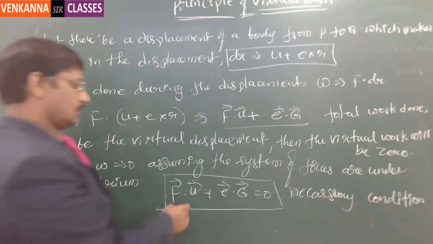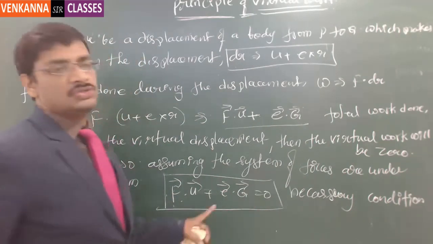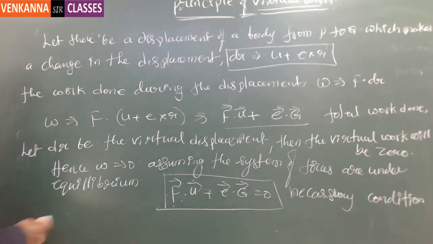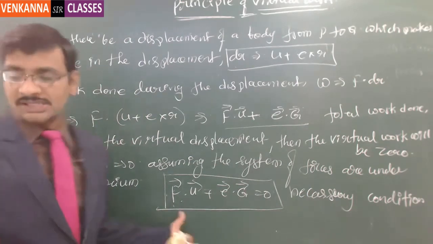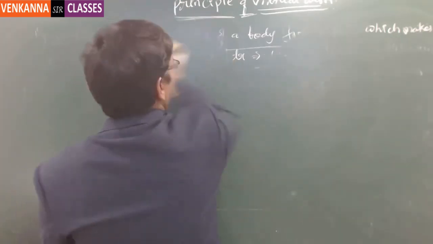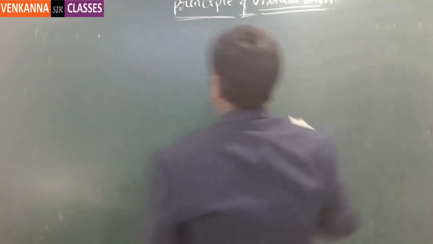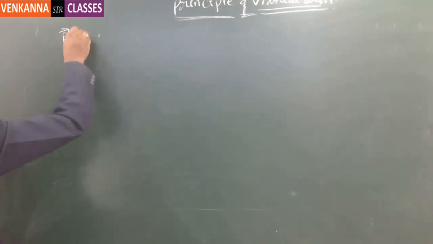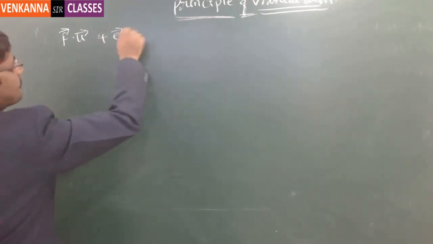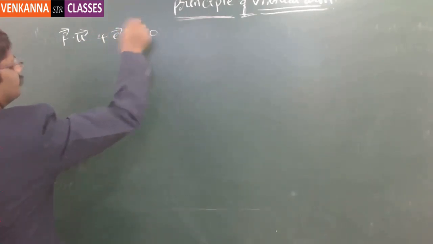Now, if this system is having a zero work in total, then assume two different cases. First you note down this. We are going to discuss these two separately. F dot U plus E dot G equal to 0. Right?